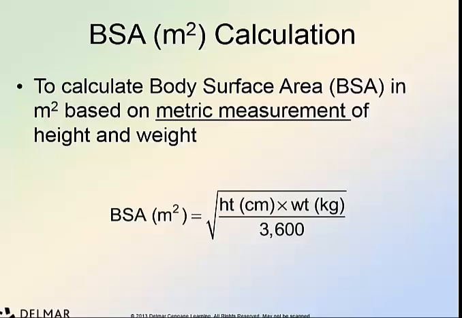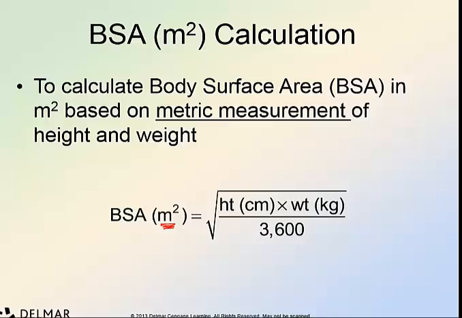So most body surface areas for adults will be between 1 square meter and 2.25 square meters. If you are calculating the body surface area, the units of the answer will always be in square meters, m squared, and for most adults, your body surface area should be between 1 and 2.25 square meters.